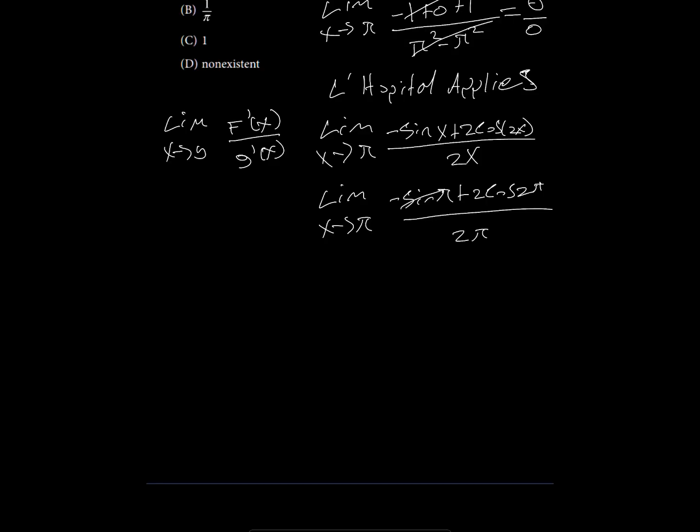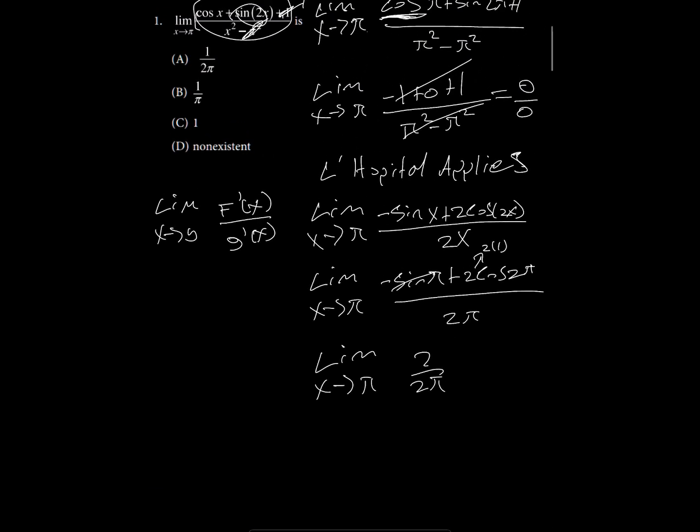Cosine of 2 pi, on the other hand, actually goes to 1. So this can be written as 2 times 1, and we just have 2 pi in the denominator. So the limit as x approaches pi is going to be 2 over 2 pi. If we simplify this further, it's going to be 1 over pi, giving us answer B.